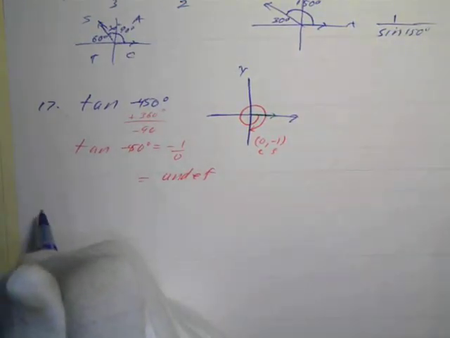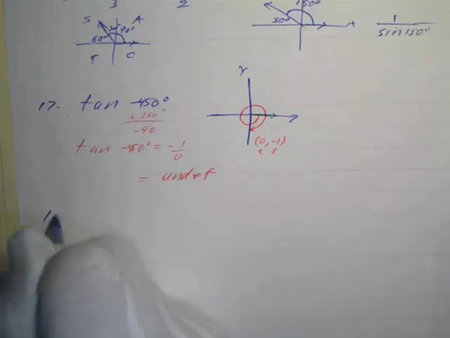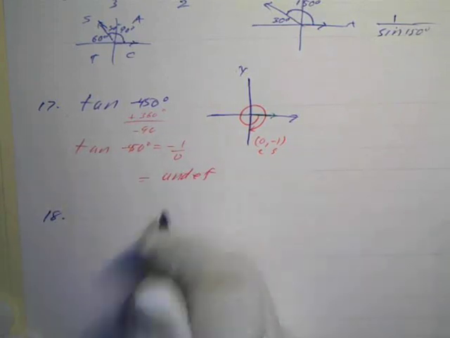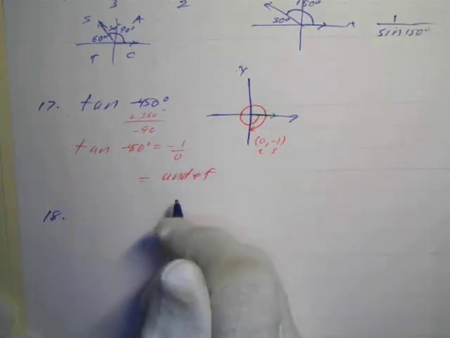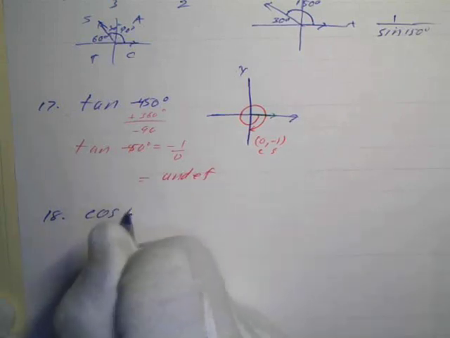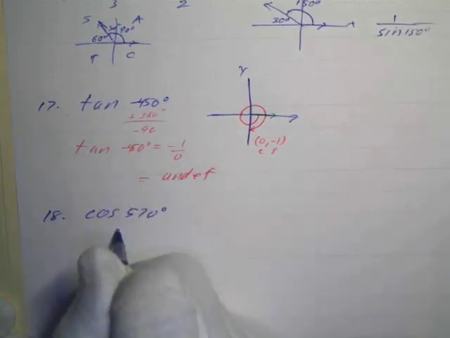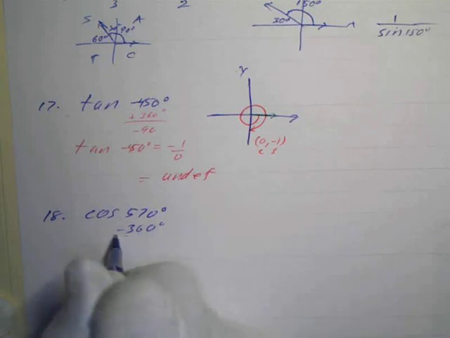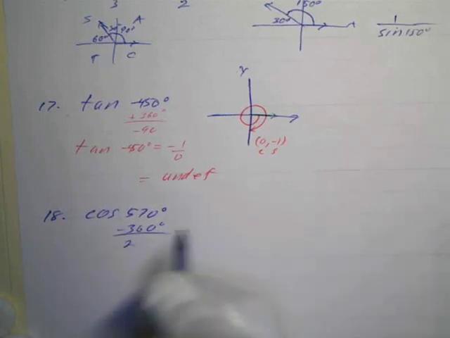18. Cosine of 570 degrees. If I subtract 360 from that, I'm going to get 210.